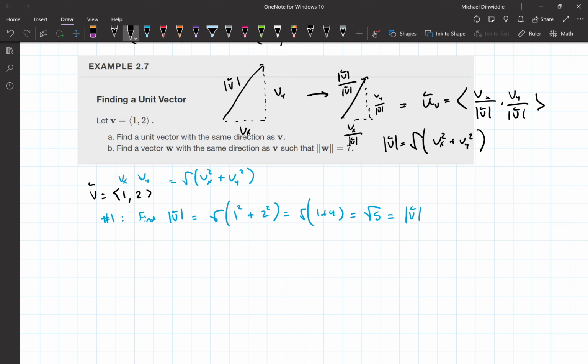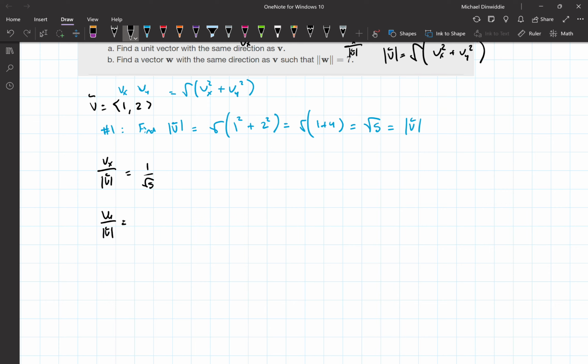So look back at our formula here and let's go ahead and apply this. We have vx and vy, and we have the magnitude of v. Starting with the first component, vx over the magnitude of v is 1 over square root of 5. For the y component, vy over the magnitude of v is 2 over square root of 5.